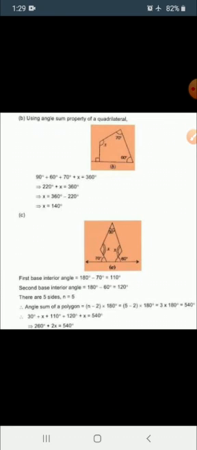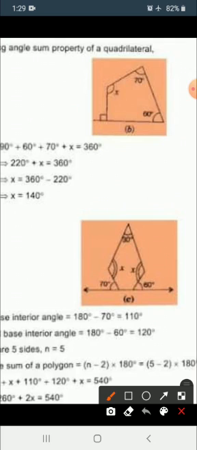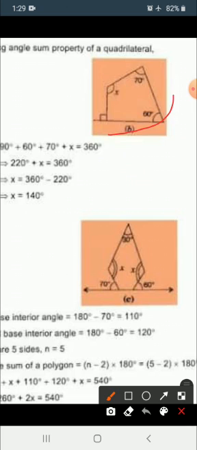Using the angle sum property of a quadrilateral, he is asking us to find the x value here. In this figure, it is given 90 degrees here. As it is a straight line, the total angle will become 180 degrees. As it is already given 90 degrees, the other side angle becomes 90 degrees. Now, the sum of all the angles, if you add, should be equal to 360 degrees.